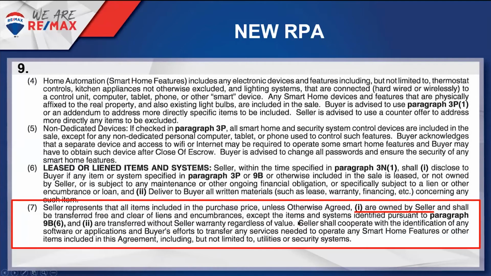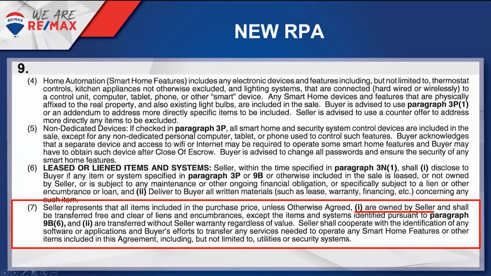So if the refrigerator's asked for, but no, that was put in there by my brother, my refrigerator went out, my brother loaned me his. Well, now I sold my house and that refrigerator was asked for in the contract and I agreed. The fact that I didn't own the refrigerator is going to be a problem because I'm alleging that I owned it and I'm transferring it.